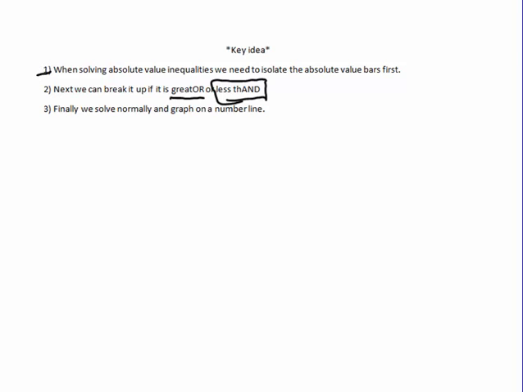Okay, so here, we need to pay attention to this one. When solving these inequalities, we have to isolate the absolute value bars first. So I want to get those by themselves first. So we take 5 away from both sides and get the absolute value of x minus 1 is greater than 12. Well, good.